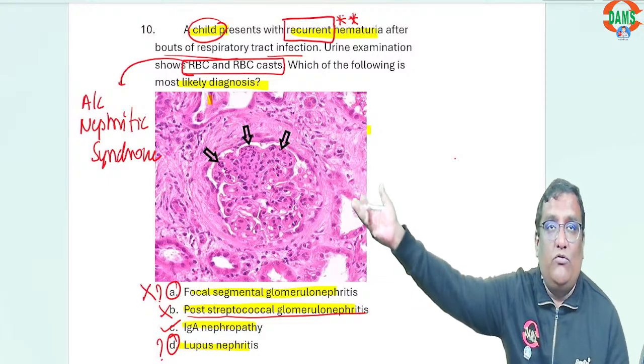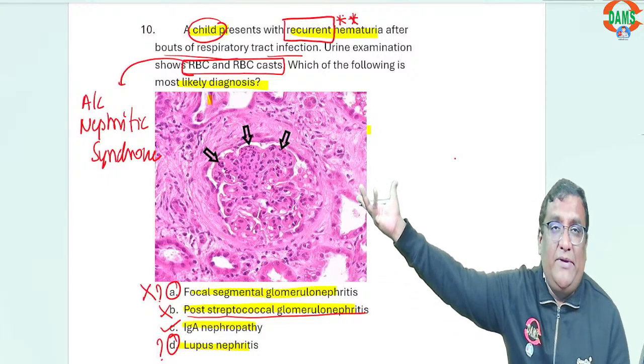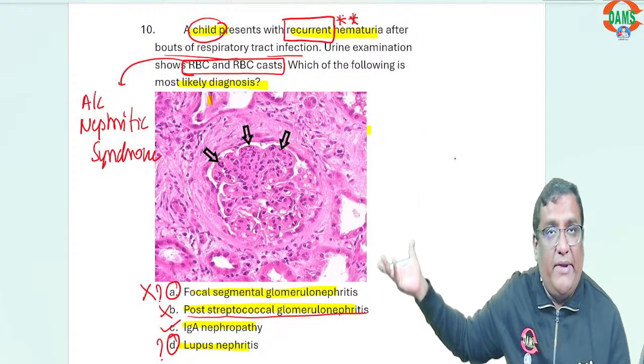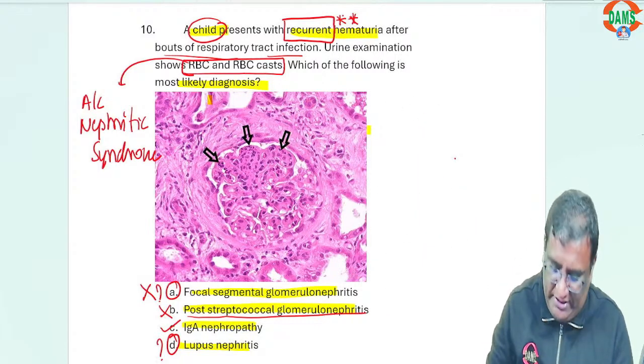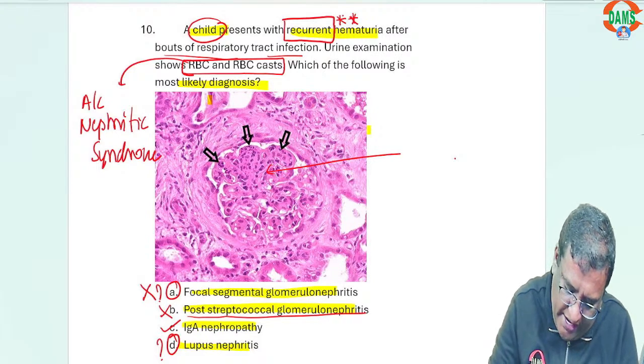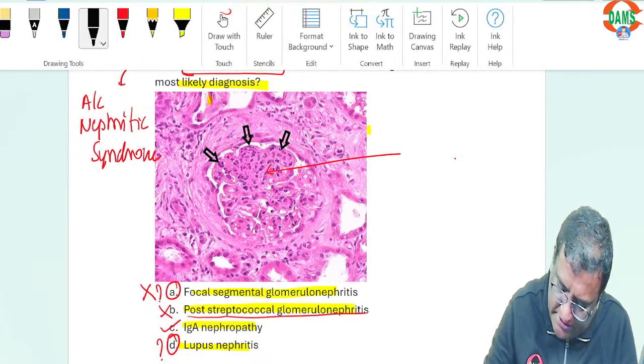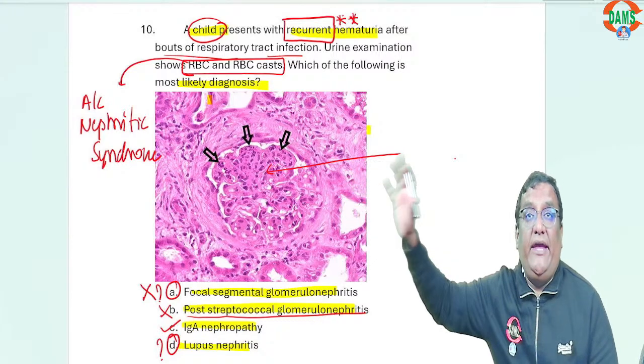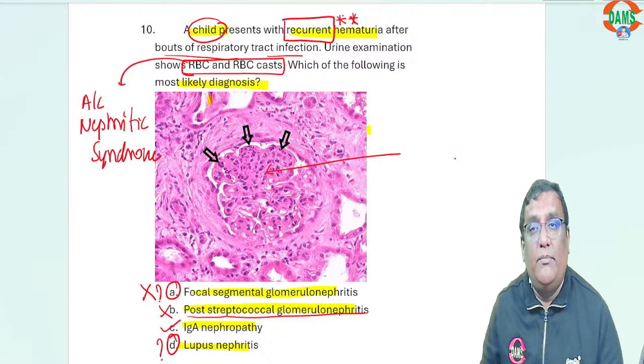Anyway, image was okay. Whatever image has been given or not given, doesn't matter. The answer will remain the same, IgA nephropathy. In the image, what you are seeing is a mesangial expansion. And I accept many times, just based on the image at your level, you will not be able to make a diagnosis.